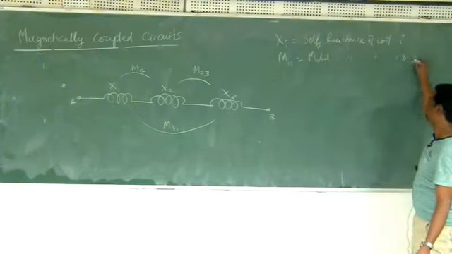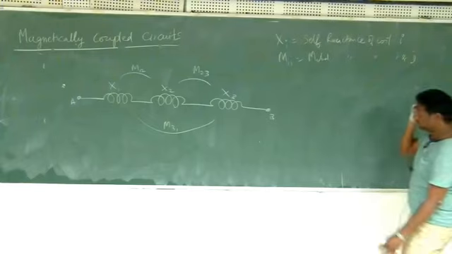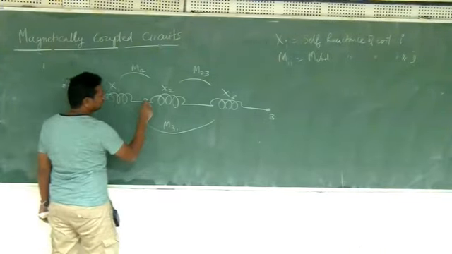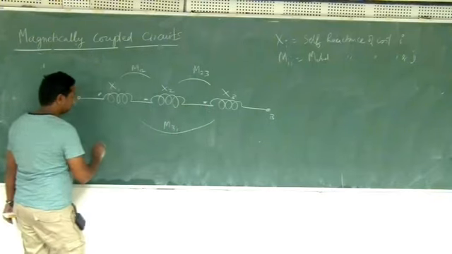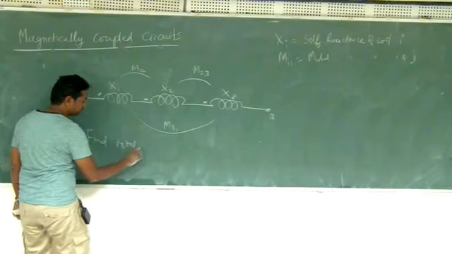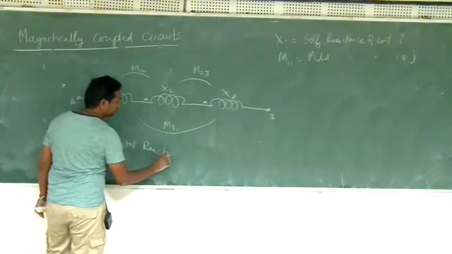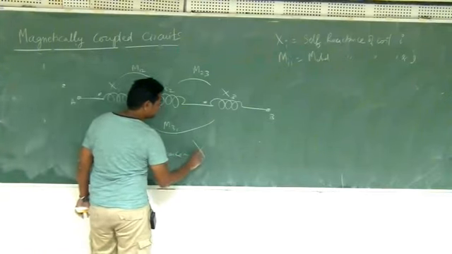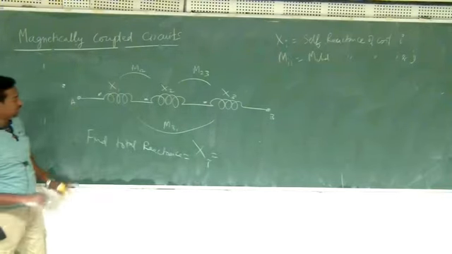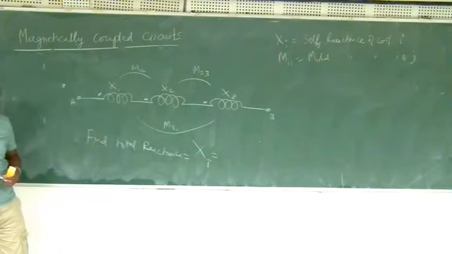You understand it, I am just giving it. So if this data is given and the dots are given, find the total reactance XT. You will get some kind of function of all these things.